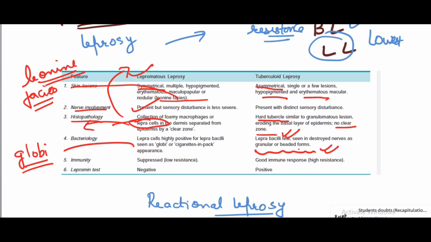So in lepromatous leprosy, there is suppressed immunity that indicates low resistance, whereas in tuberculoid leprosy, there is a good immune response indicating high resistance. The lepromin test is negative in lepromatous leprosy, whereas it is positive in tuberculoid leprosy.